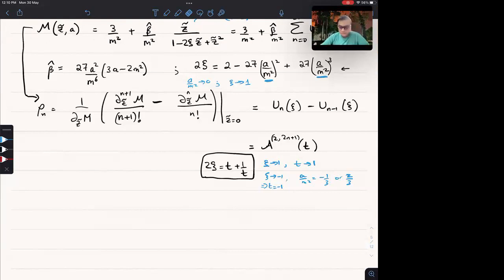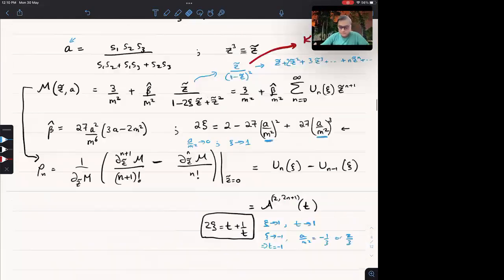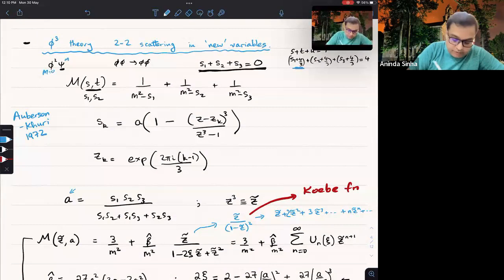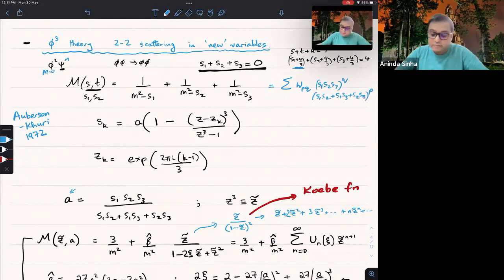Another related point is, what is the exact interpretation? You had 3 terms to start with, and then you have an expansion in terms of the Alexander polynomials, which goes to infinity. But here I could have written this as a sum over W_PQ, (S1 S2 S3)^Q times (S1 S2 + S1 S3 + S2 S3)^P.